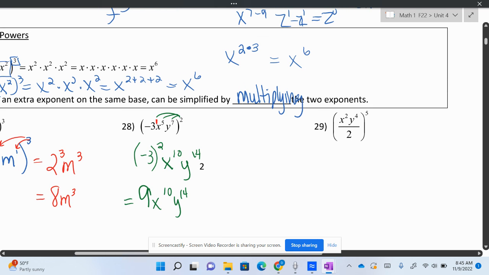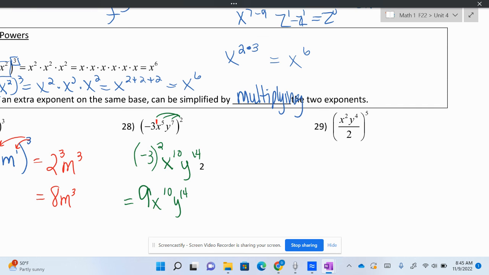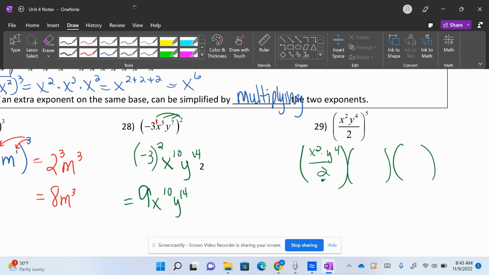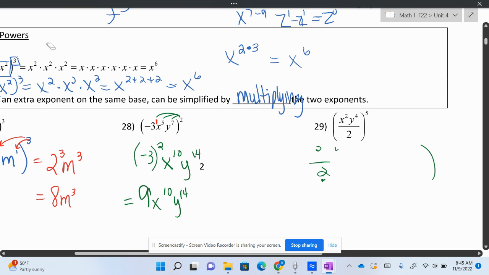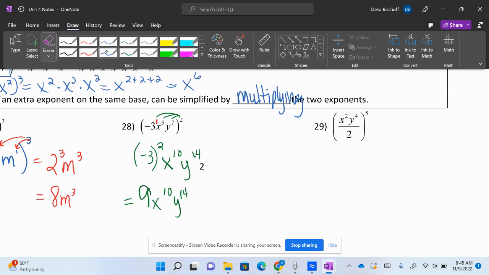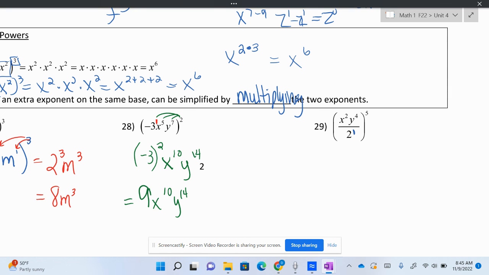Okay. So for number 29, everything is being raised to the 5th power. Everything in the numerator and everything in the denominator. Because if I were to expand this, it would be like x squared, y to the 4th over 2, and I would just keep repeating that, right? So you see that the 2 is also being raised to the power of 5. Do you guys see that first off? Because it's important to understand that when you have a fraction, everything, numerator and denominator, are both being raised. So I'm going to put a 1 here. And then I'm going to distribute this power to everything.